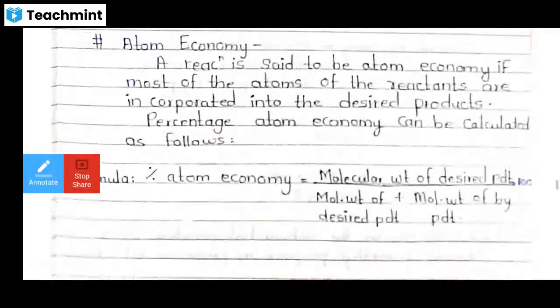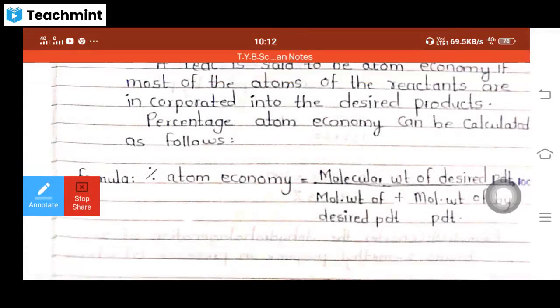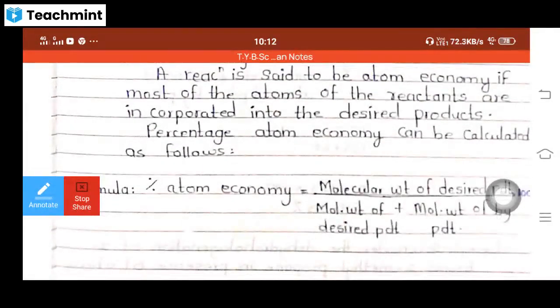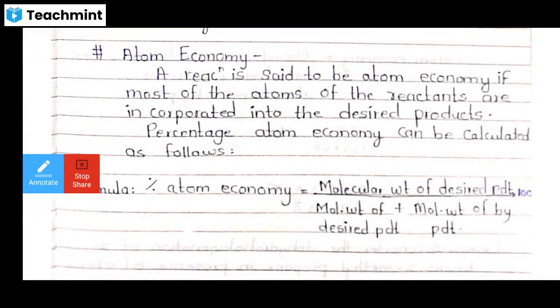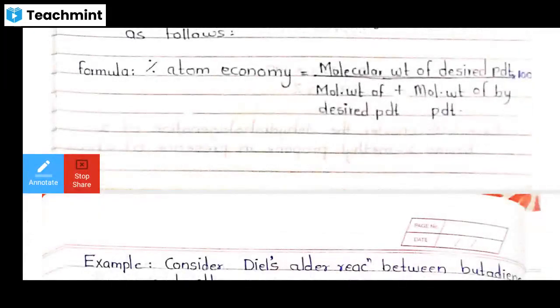Next is the atom economy. A reaction is said to be atom economic when the atoms of the reactants are incorporated into the desired product, and the percentage atom economy can be calculated as follows. Here the formula is given.